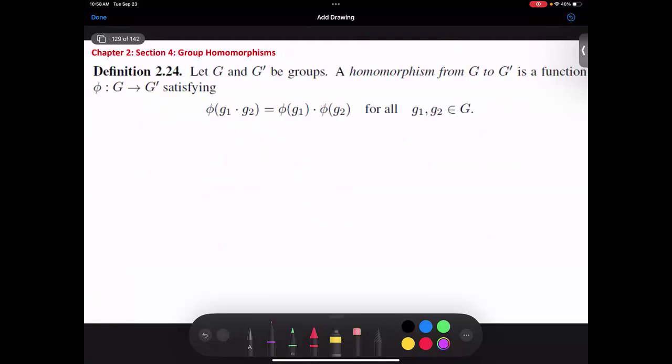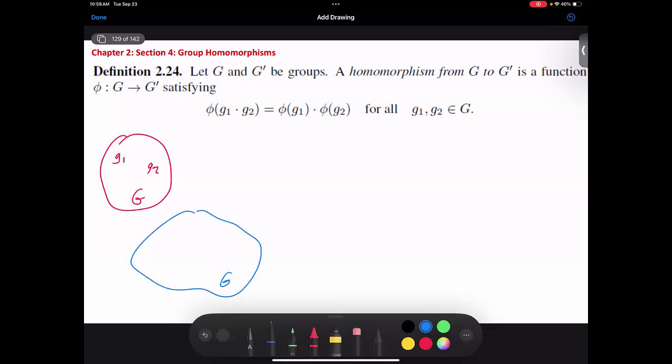So what you should look at is I have some group here, G, with elements g1 and g2, and I have another group over here, G prime. And what I can do is take my elements g1 and g2 and map them. Maybe g2 goes here, maybe g1 goes here, under this map phi.